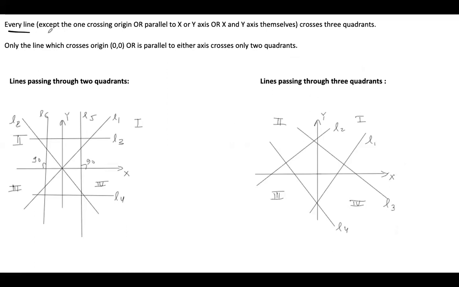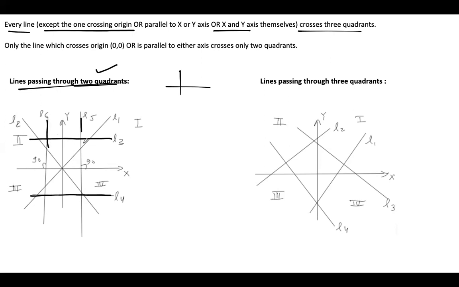All right. Every line except the one crossing the origin, or a line that is parallel to, or let's say the x and y axes themselves, crosses 3 quadrants. See, all these lines that I have made here pass through 2 quadrants. Whether you take these lines parallel to the x axis, or L5 and L6 that are parallel to the y axis, they are passing through only 2 quadrants.